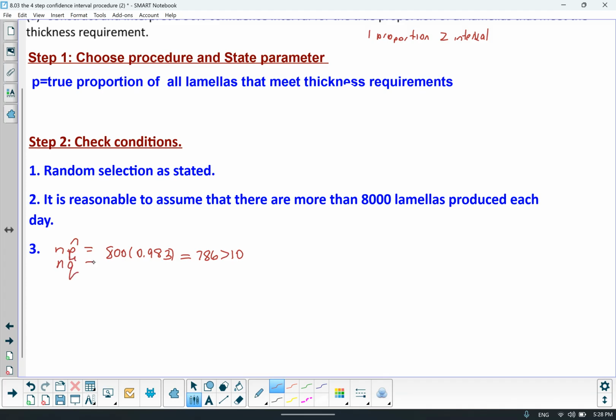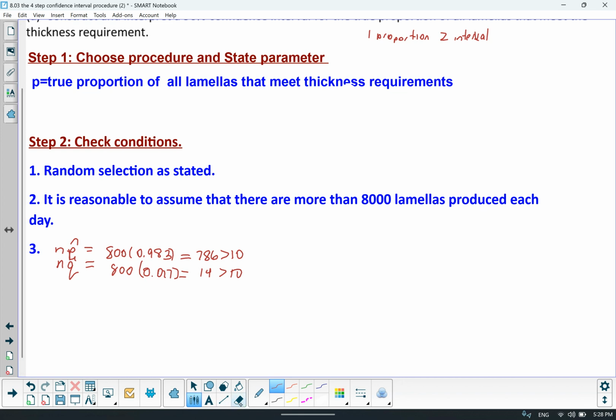And n q-hat, that's going to be 800 times 1 minus 0.983, which is 0.017, and that's equal to 14, which is greater than 10. And so we just met that condition.